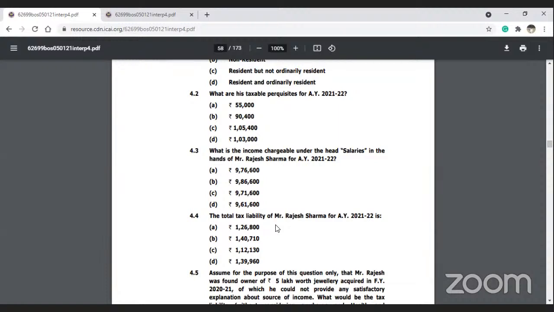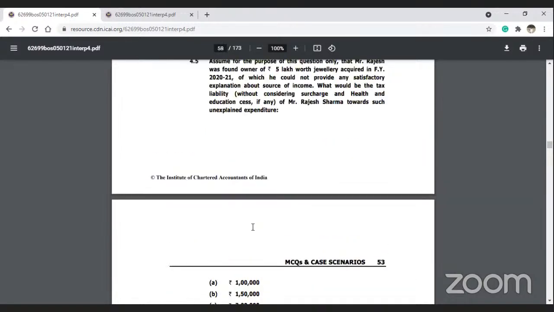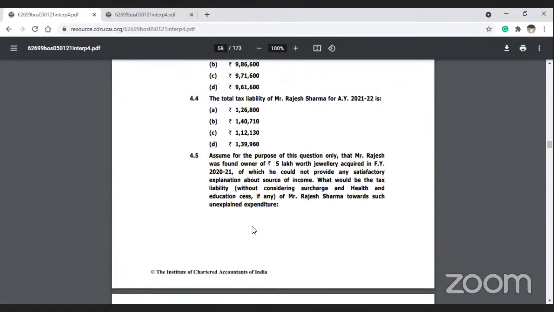Should I repeat the answer once again? Yes. Anyone has any doubt? Did you check the answer of 4.4? Okay, 1,26,800. Correct, it's right.